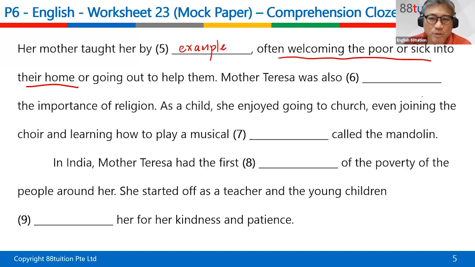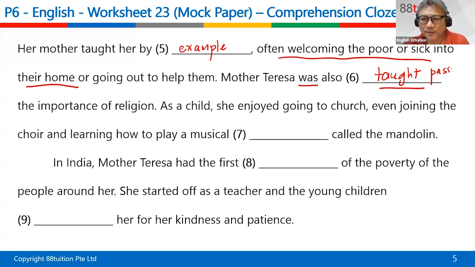Mother Teresa was also taught the importance of religion. Okay, so here taught is a past participle, you know, right? It is not just a past tense, it's a past participle, like eaten or swum, sung, right? Taught was also taught. So this is the passive form. This is passive.